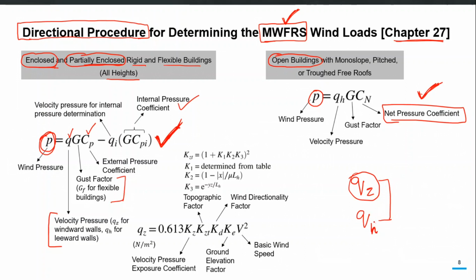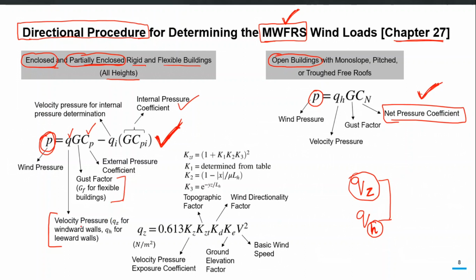So H denotes the roof level of your building. So actually it's same thing, it can be determined at any height. So when it is Q sub Z, it is determined for each height a different number. But when it is QH, it is the wind pressure determined at a fixed height, and that height is the roof level of your building.